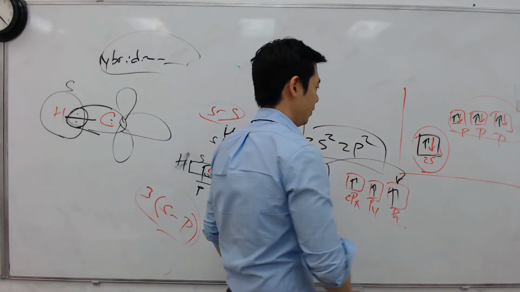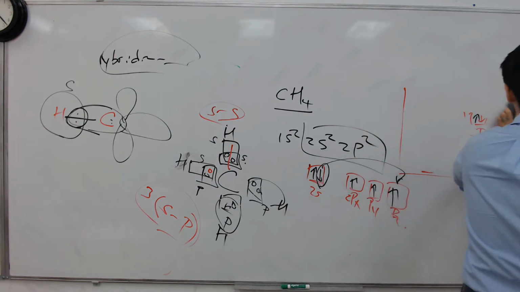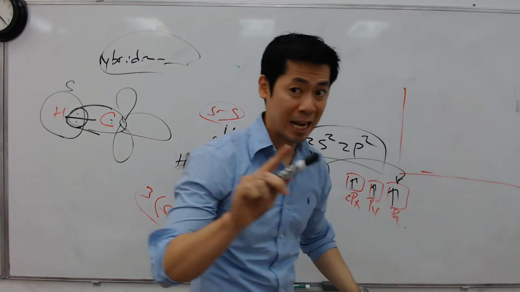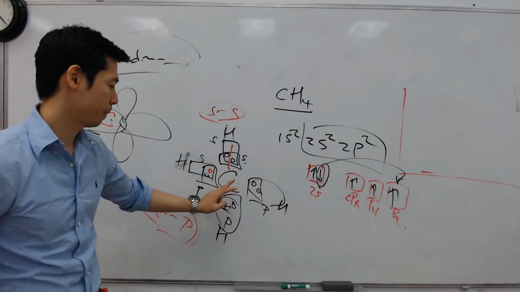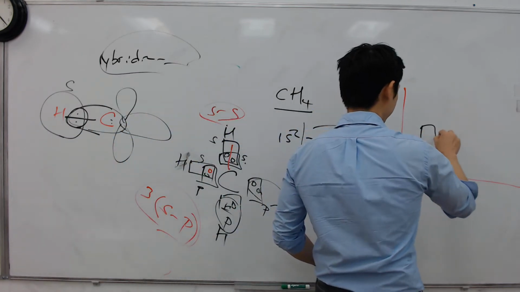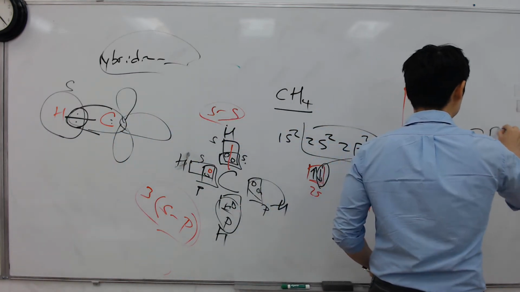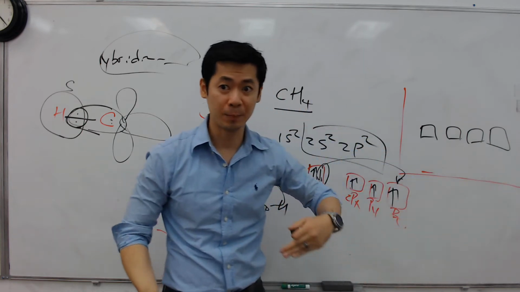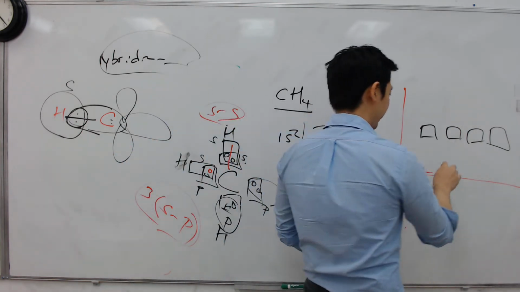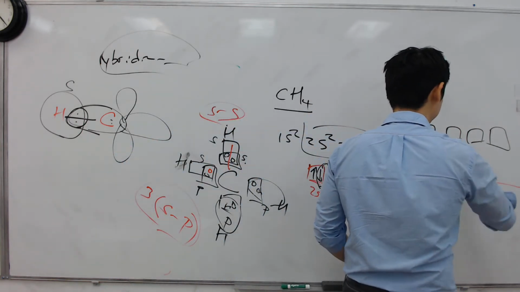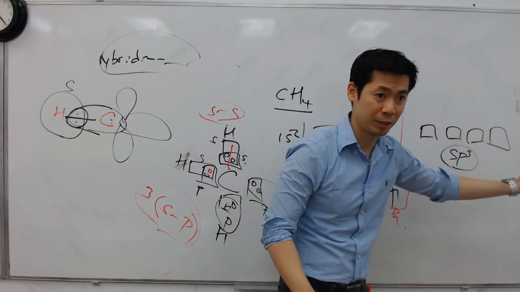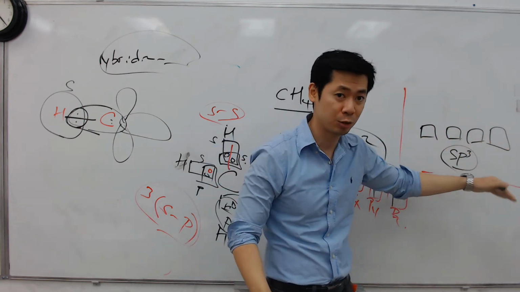They hybridize. It happens with the carbon. The carbon will have 4 orbitals of the same energy, and these are called sp3 orbitals. You get 4 sp3 orbitals.